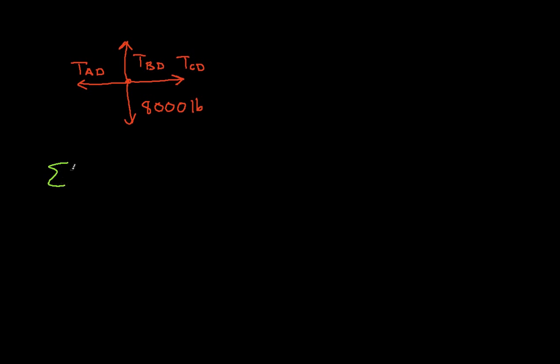And if we use the sum of forces in the x direction is equal to 0, that gives us that minus TAD plus TCD is equal to 0, which says that TAD is equal to TCD.